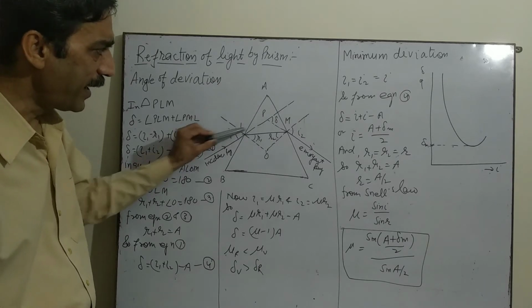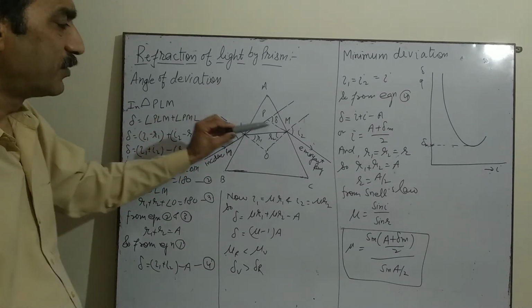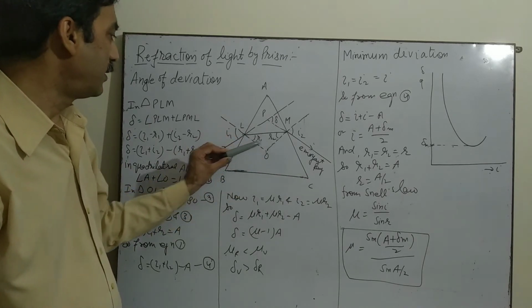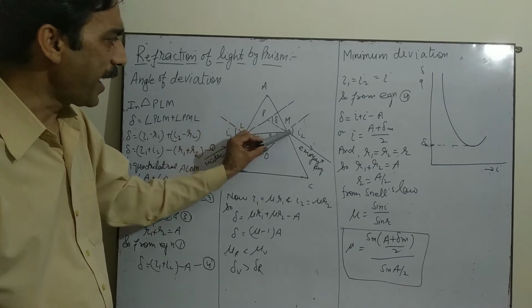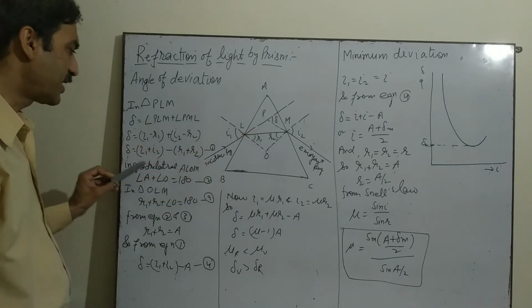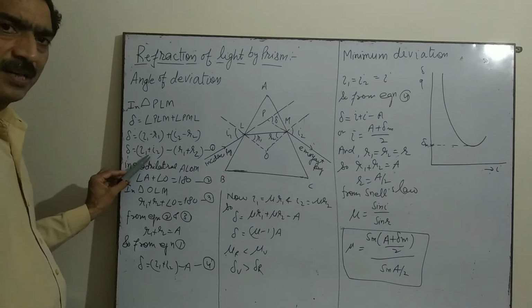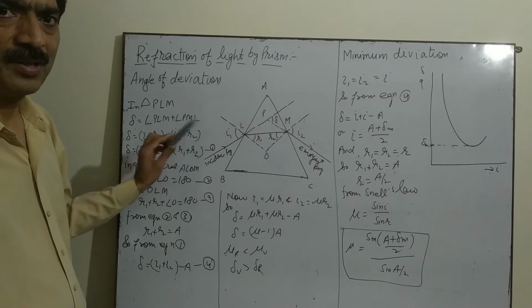So, PLM is equal to I1 minus R1. Very simply, angle PML is equal to I2 minus R2. So delta is equal to I1 plus I2 minus R1 plus R2. This is equation number 1.